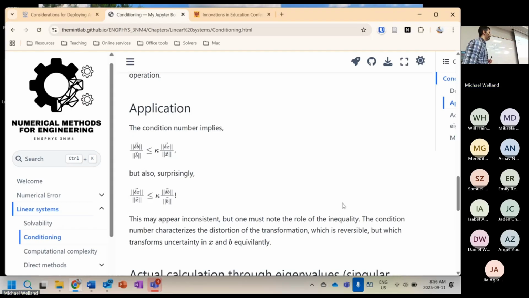Nope. That would be way too easy. If that were the condition number, then the inverse transformation would be a contraction in the error. It's not.